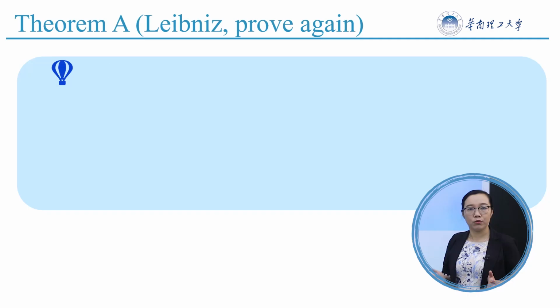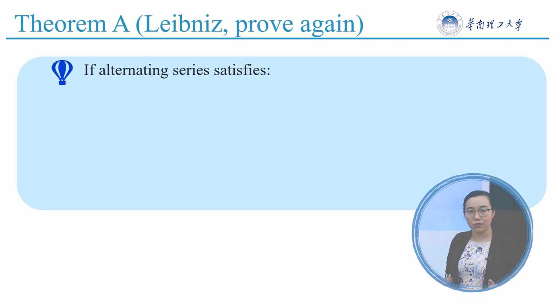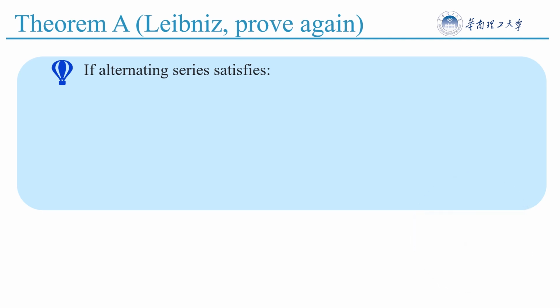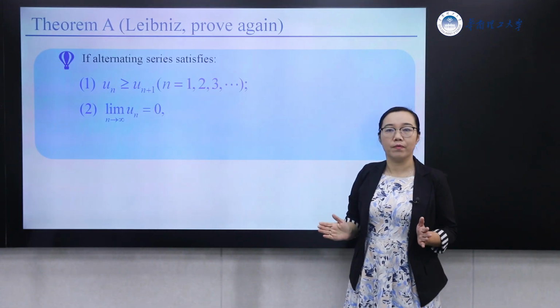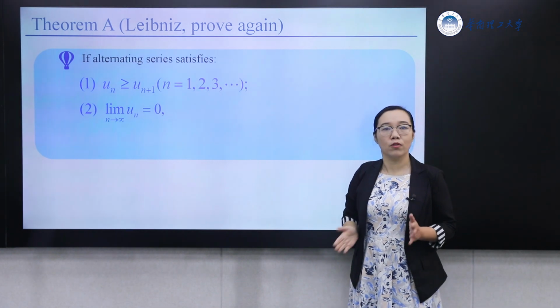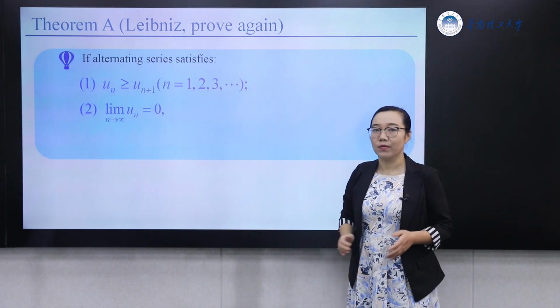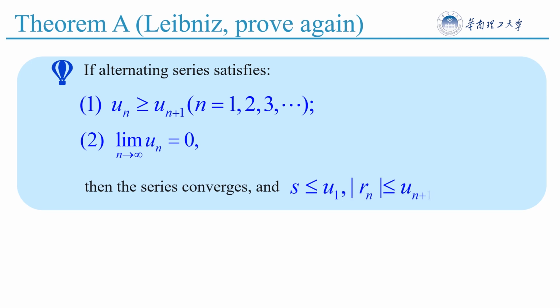Now, try to prove that if an alternating series satisfies 2 conditions, Un is greater than or equal to Un plus 1, and the limit of Un equals 0, then the series converges, and S is less than or equal to U1.